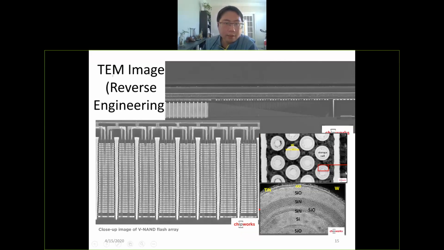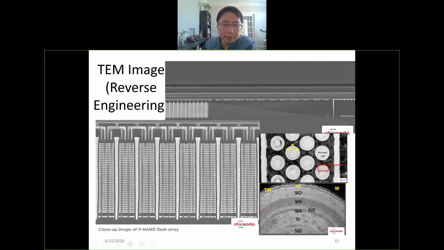And this is just an image from reverse engineering. ChipWorks is a company that buys the products, cuts the chips, and looks at them under the microscope. So here is a cross-sectional view of the 3D NAND. This is the first generation of the 3D NAND from Samsung, I think. And this is a horizontal side view of the chip.